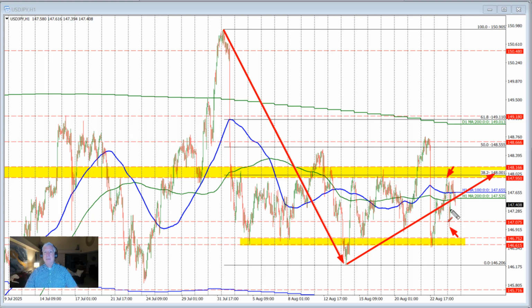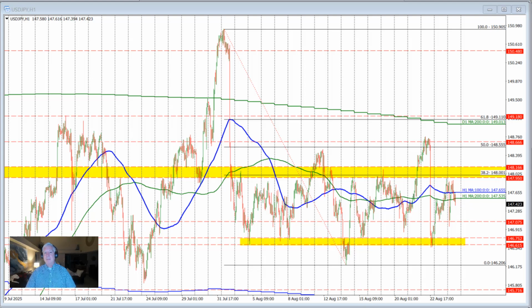And then what do we see? We saw a snapback rally that took the price back above them. We tried to hold above the 100 here, and more recently we've moved back below both the 100 and 200-hour moving averages, similar to what we saw in the euro, except for the euro, we are finding resistance against the 200-hour moving average. In this case, we're moving below it, so there's a little more of a bearish bias here already for the dollar versus yen.